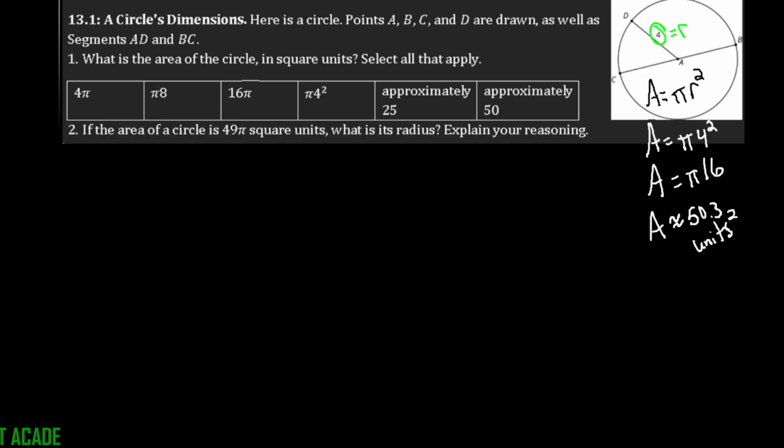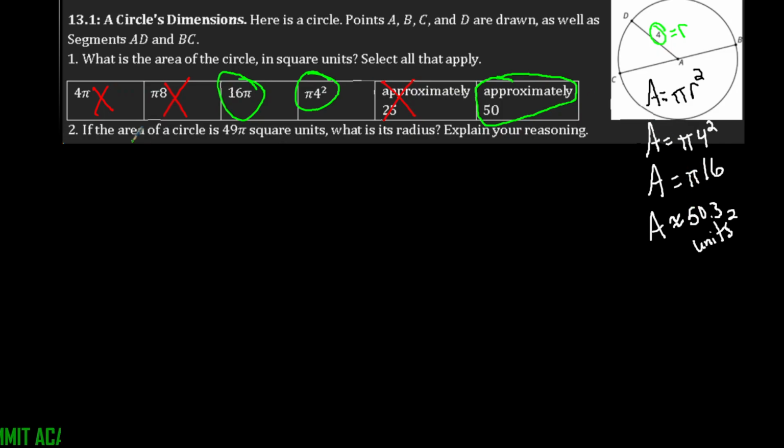Well, we can't pick that first one because it's only 4 times pi, and we can't pick that second one because it's going to be 8 times pi. However, the third one is good. The fourth one is good. It's not approximately 25, however, it is approximately 50. So make sure you can write out those multiple representations of each of those areas.